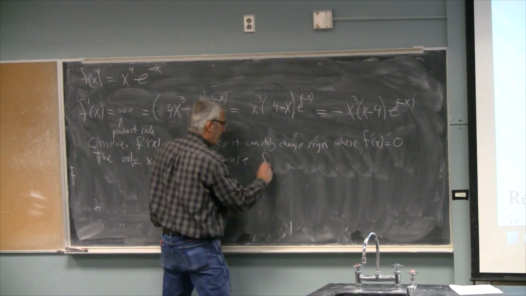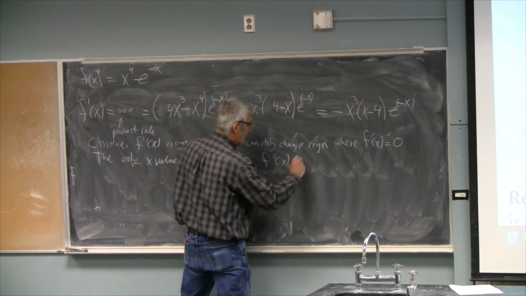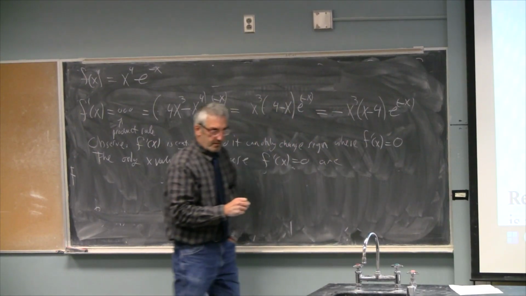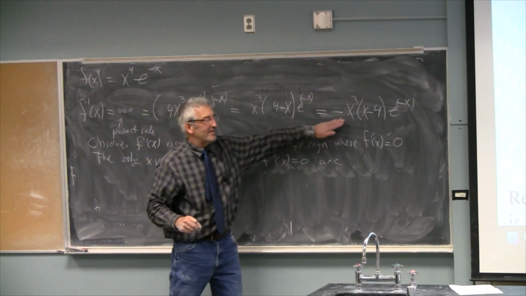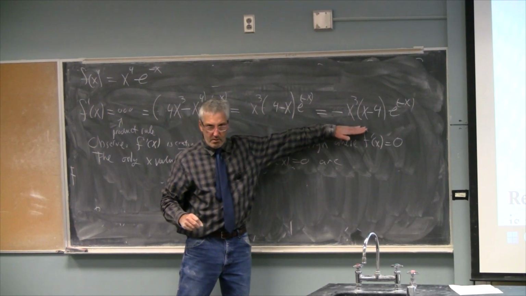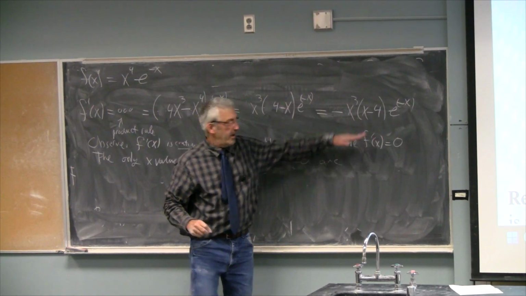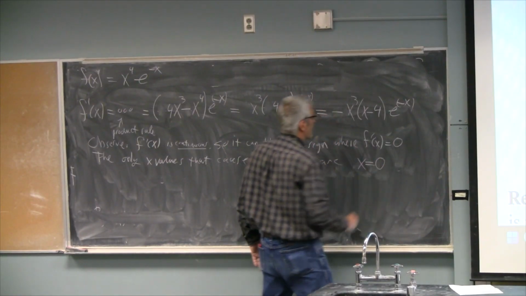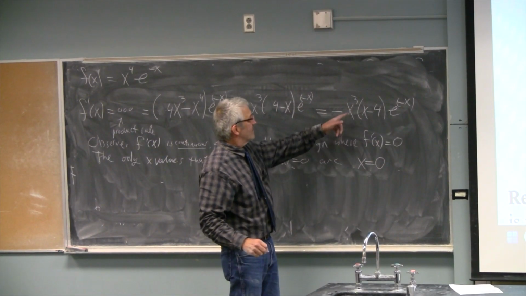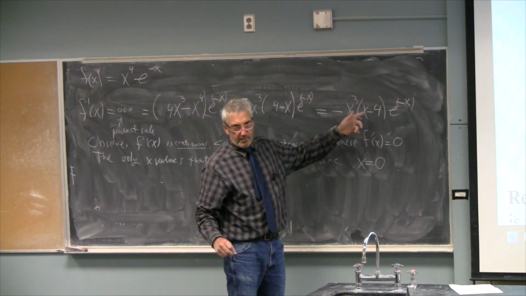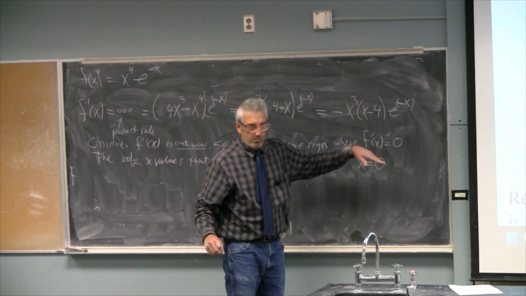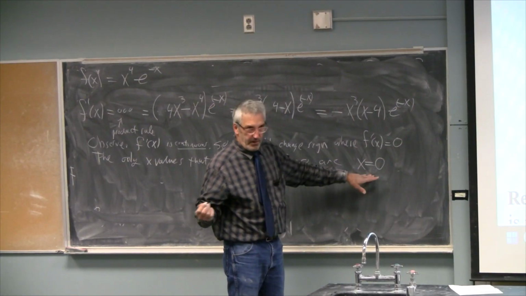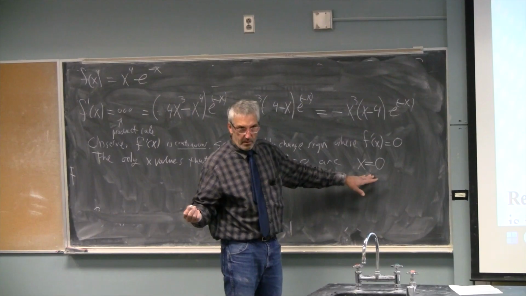Well, the only x values that cause f prime of x to equal 0 are, drum roll please, somebody give me an x value that will cause this to be 0. Cooper's got 0. X equals 0. Cooper took the easy one. Because notice, if I use x equals 0, I get 0 cubed times 0 minus 4 times e to the 0. Well, this 0 cubed is going to kill everything. So that's definitely an x value that's going to cause f prime to be 0.